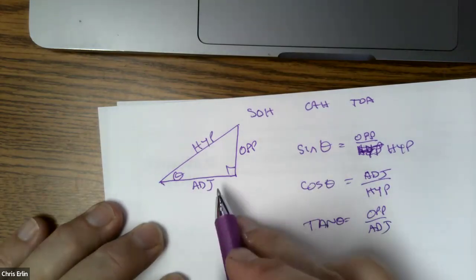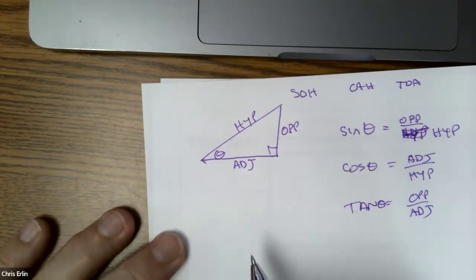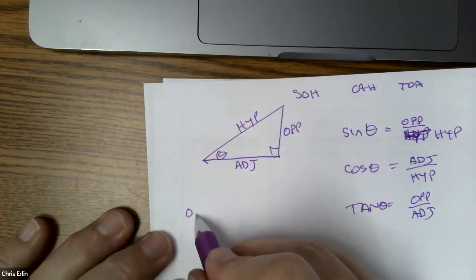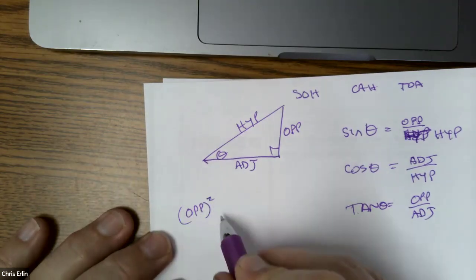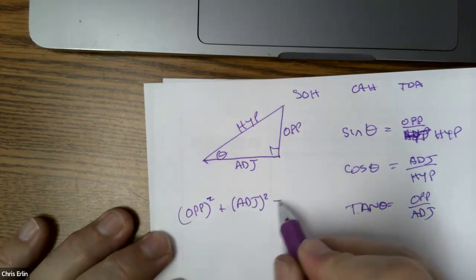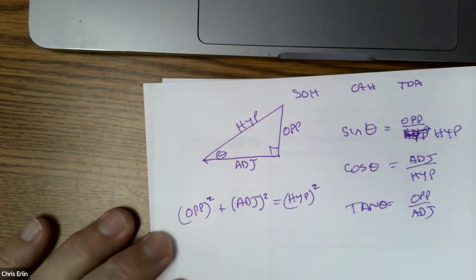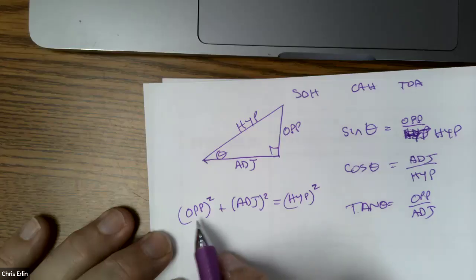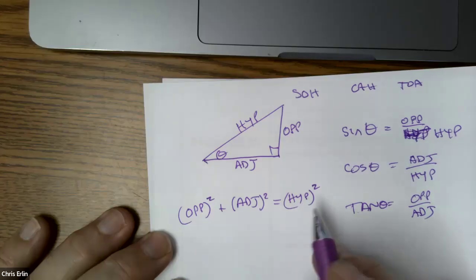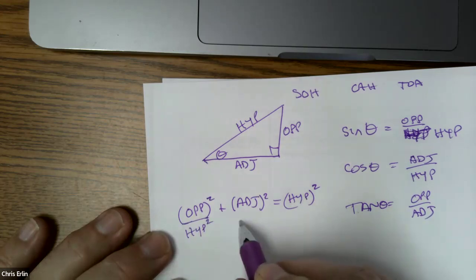If I did the Pythagorean theorem here, what would I get? Opposite squared plus adjacent squared equals hypotenuse squared. Okay, that's not very much good. Now what I'm going to do is divide everything by hypotenuse squared. I'm allowed to do that, right?